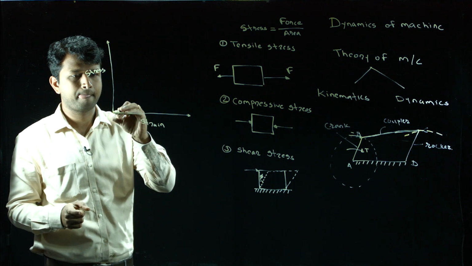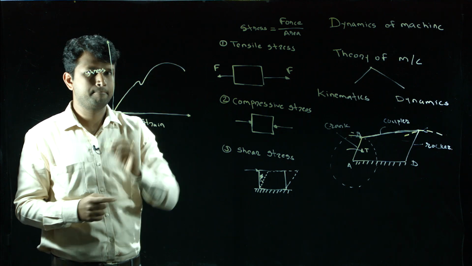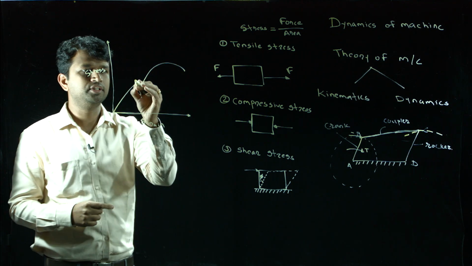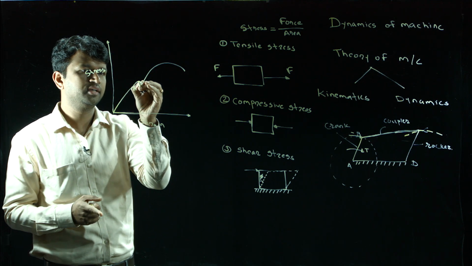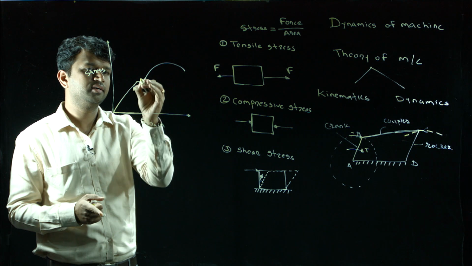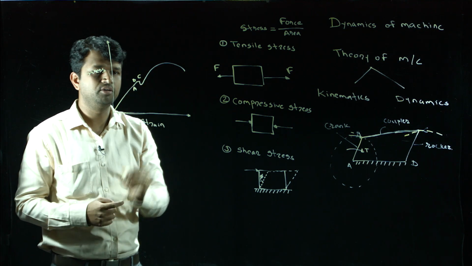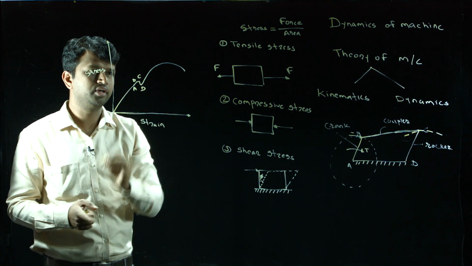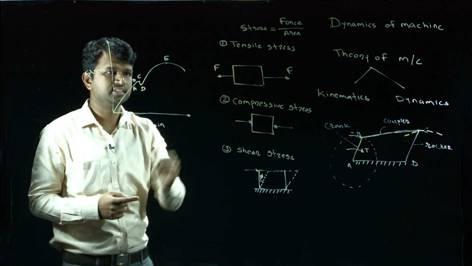Okay. So this point is known as proportionality limit, suppose A. This is elastic limit, okay, B. Then C is upper yield point, D is lower yield point, and E is suppose ultimate stress, and this one is fracture.